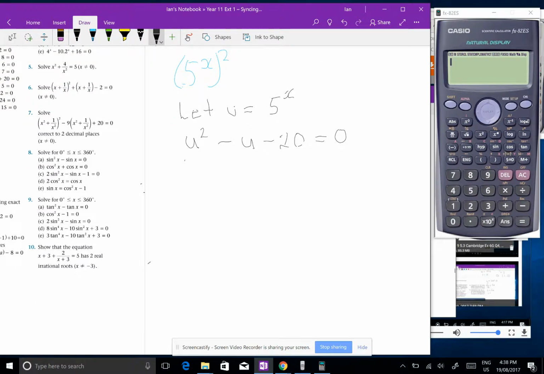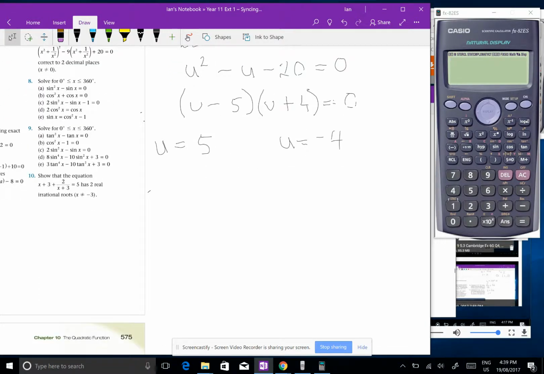And we factorise that and we get u minus 5, u plus 4 equals 0. That means we get a solution of u equals 5 or u equals negative 4.